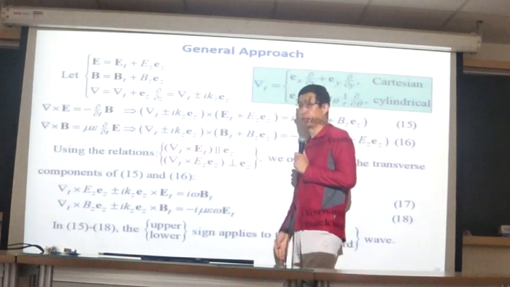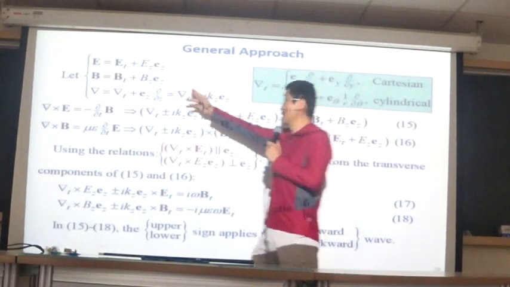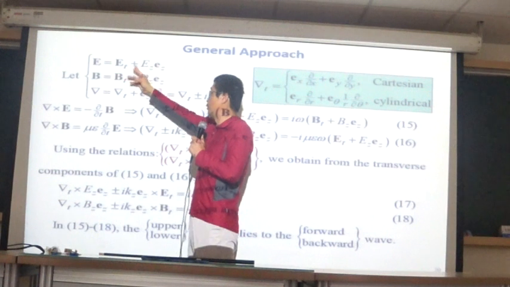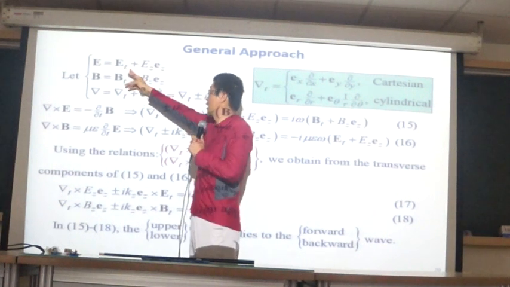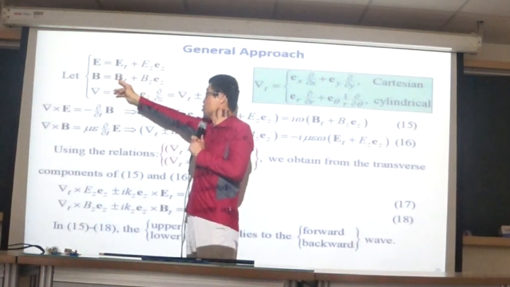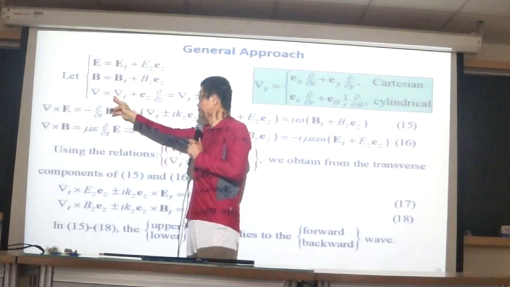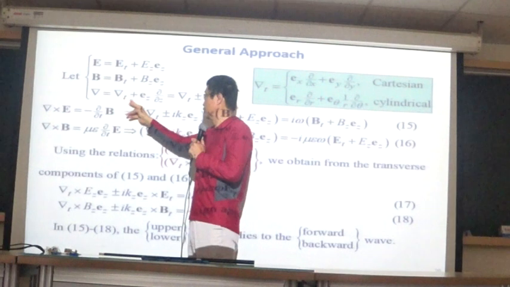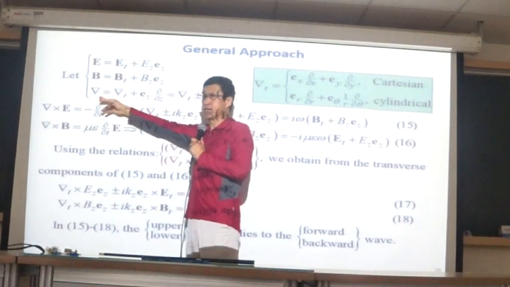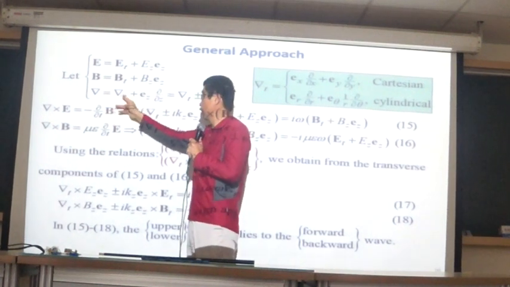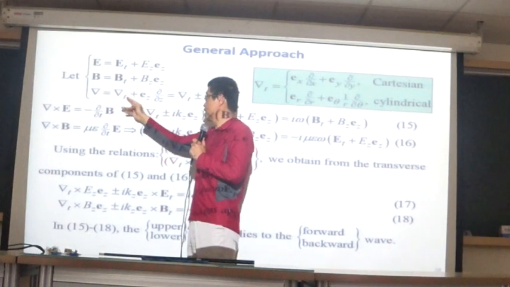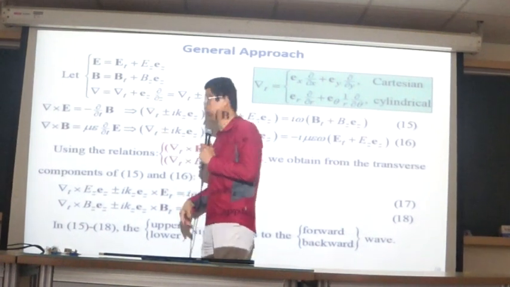General approach. 1, separation of the transverse component and the Z component: EZ, the B component, and then the transverse component. This is the gradient, or del, transverse component plus Z component.